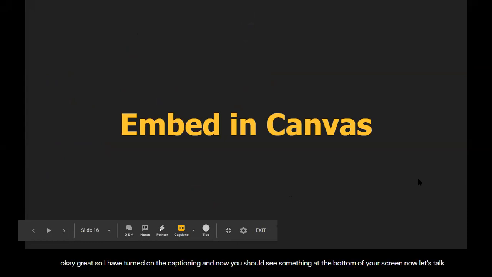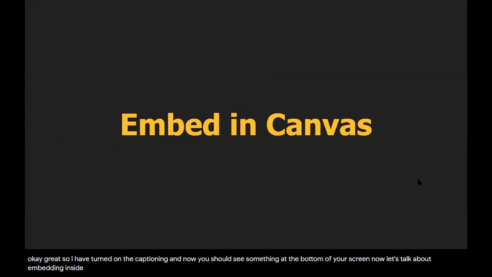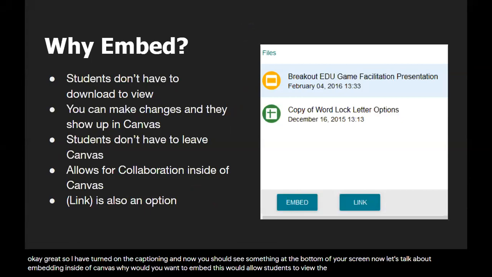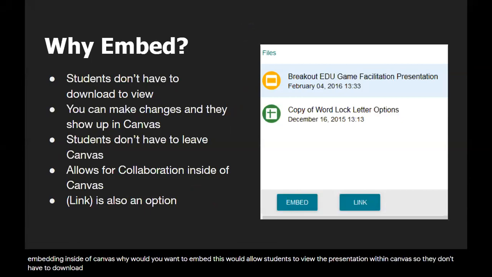Now let's talk about embedding inside of Canvas. Why would you want to embed? This would allow students to view the presentation within Canvas, so they don't have to download it. They can move through the presentation and use all of the controls.